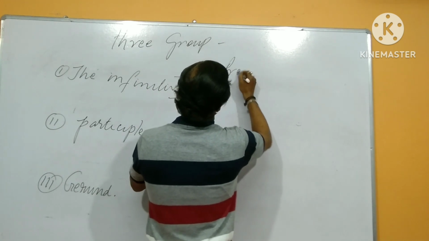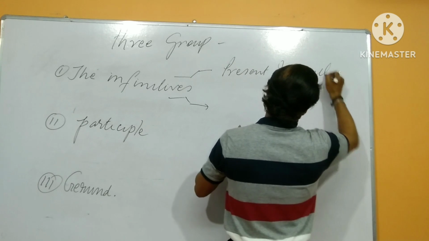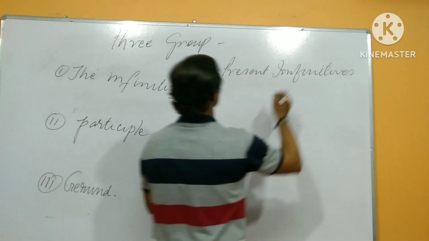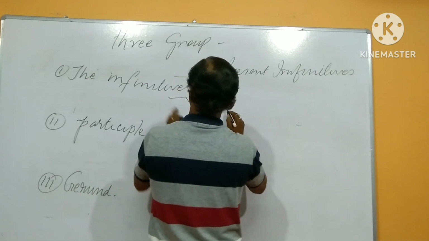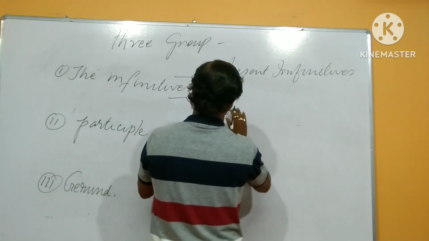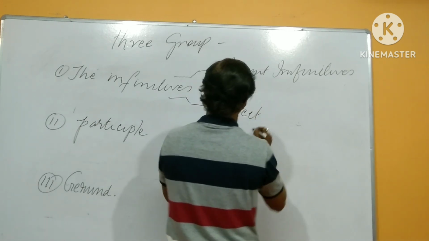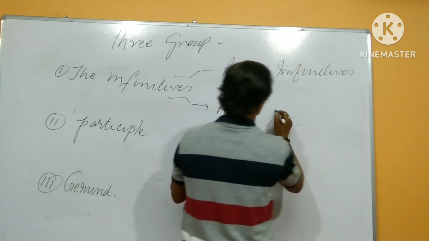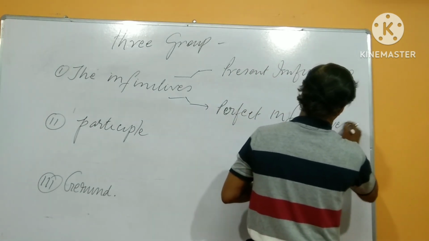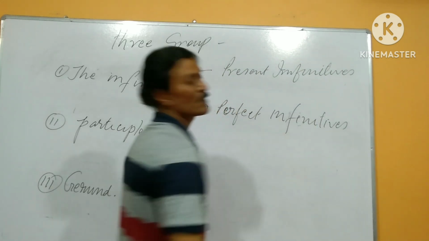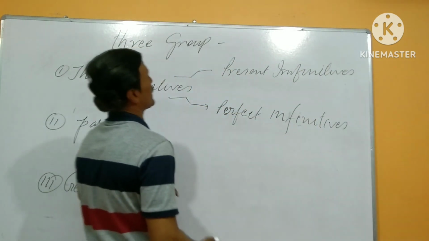Number 1, present infinitive. And number 2, perfect infinitive. Okay? Present infinitive and perfect infinitive.